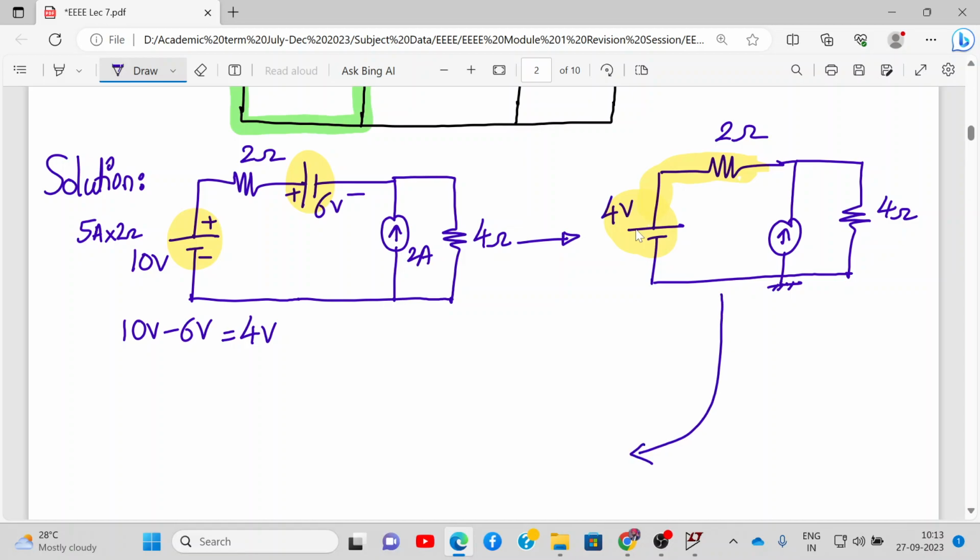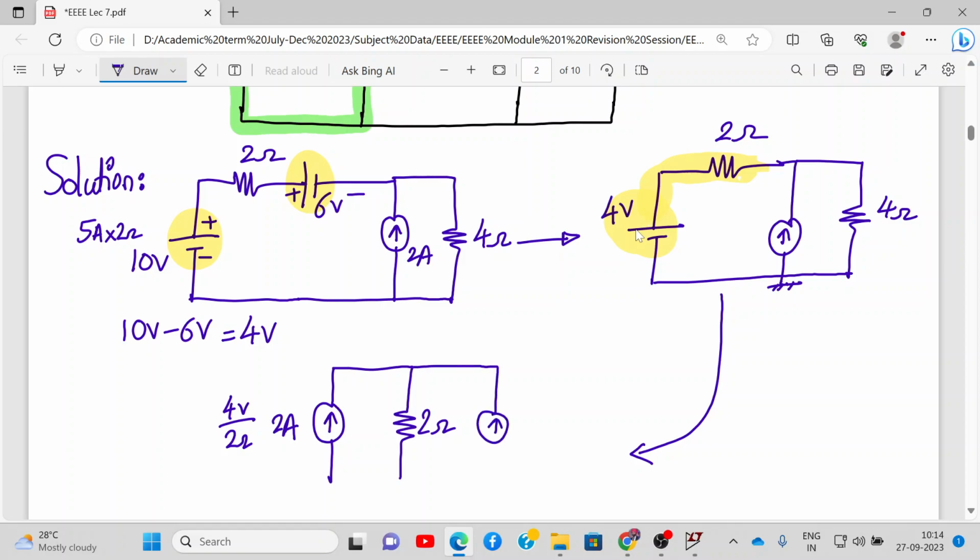Here this voltage source is replaced by a current source. Direction will be from bottom to top, and it will be replaced with a parallel resistance of 2 ohm. What will be the value of this current source? 4 volt divided by 2 ohm. That will be 2 amperes. And then we have another current source, and then we have a resistance.